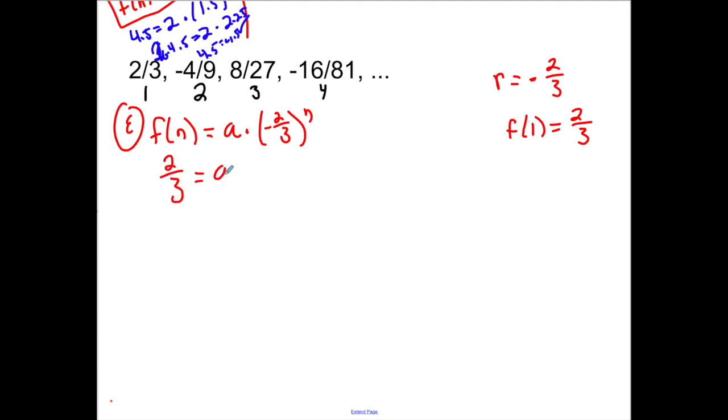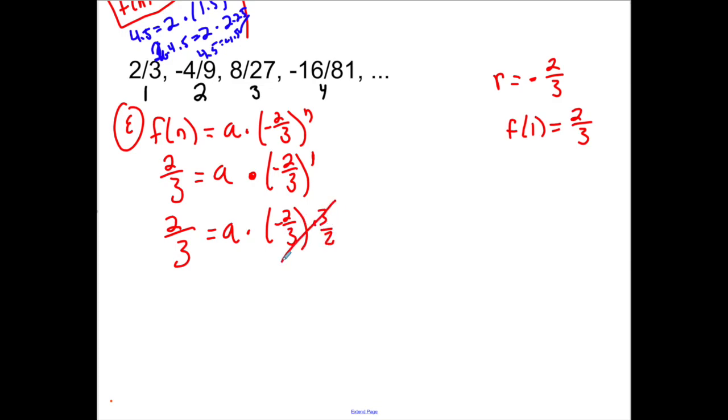2/3 is equal to a times negative 2/3. So when I plug in 1, I get 2/3. So negative 2/3 to the 1 is negative 2/3. And then to get rid of this, I multiply by 3/2. And what I do to the left, I need to do to the right.